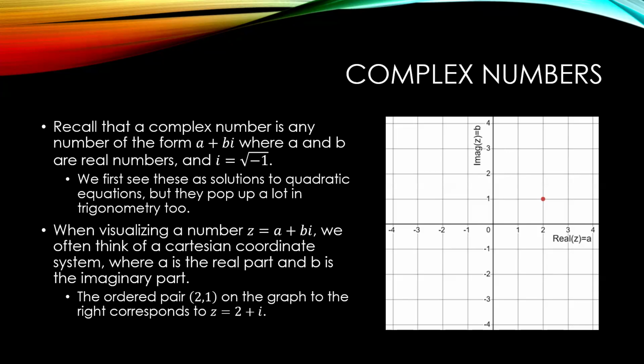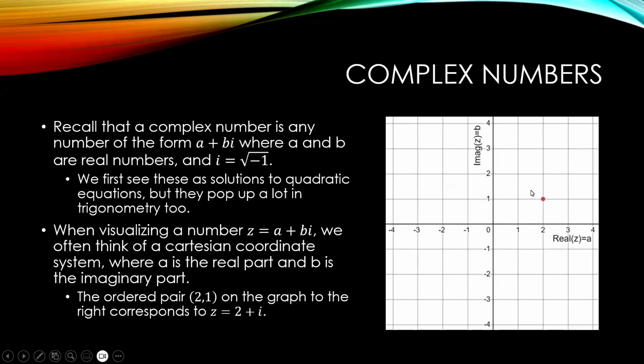One way we often visualize them is using a Cartesian coordinate system, similar to this. And so when visualizing a number z equals a plus bi, we often think of a Cartesian coordinate system and say a, the real part, will correspond to the x direction, and the b will correspond to the imaginary part in the y direction.